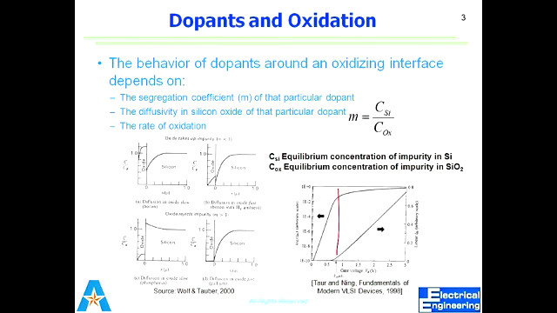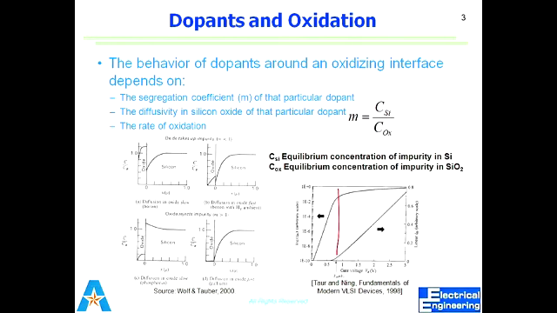First one is named the segregation coefficient of that particular dopant or impurity. How do you define the segregation coefficient? We denote it by M. It is equal to the ratio of the equilibrium concentration of the impurity in silicon to the equilibrium concentration of that same impurity in silicon dioxide.